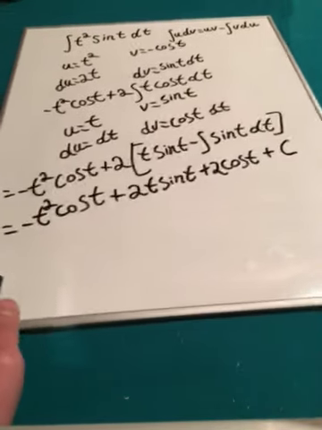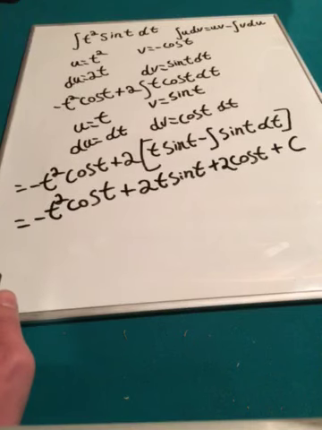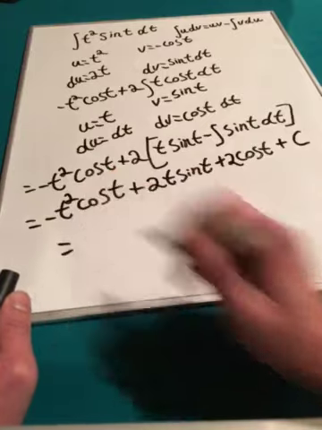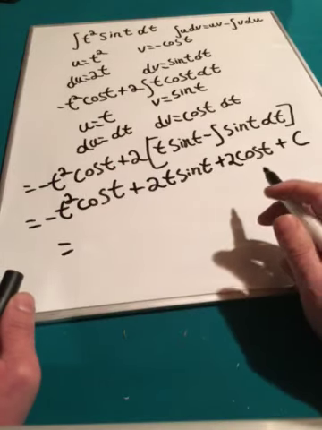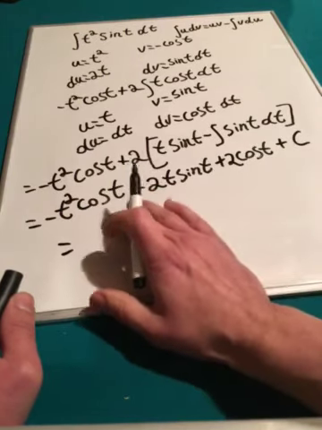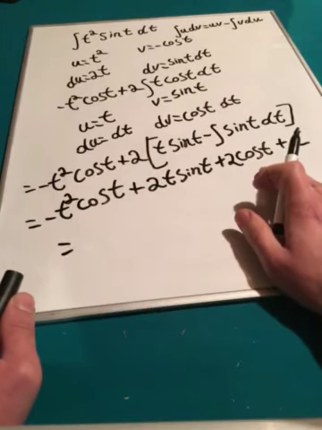And that's our answer. We could probably clean it up a little bit, not a whole lot. We have a cosine of t here and a cosine of t here.